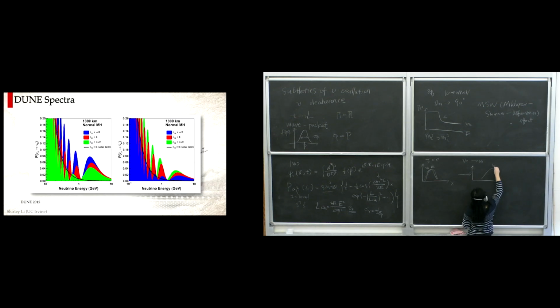This is nu 1, and this is nu 2, meaning they're a bit more separated. If you let them propagate for a very, very long time, they're going to be completely separated.